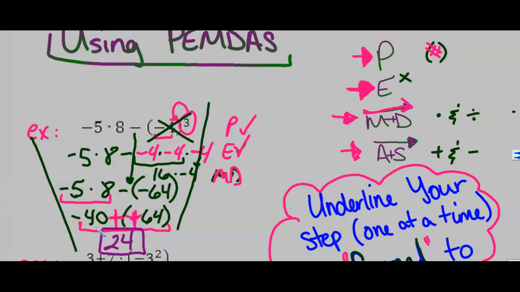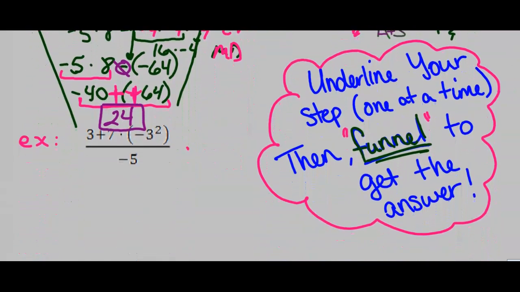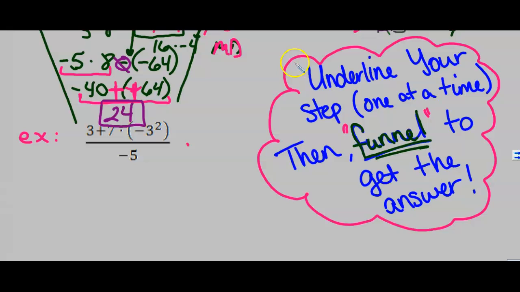A lot of work, I know, but we really have to make sure we write this all down. The simplest mistake, not writing down a negative sign, can lead us to a very incorrect answer. All right, let's do one more. And a key side note here: make sure you are underlining which step you're doing.